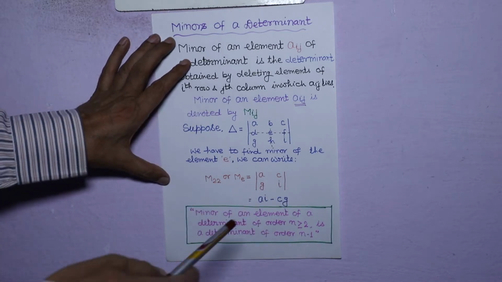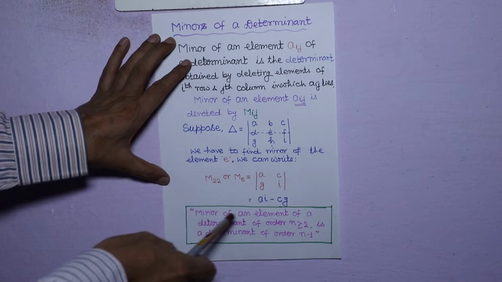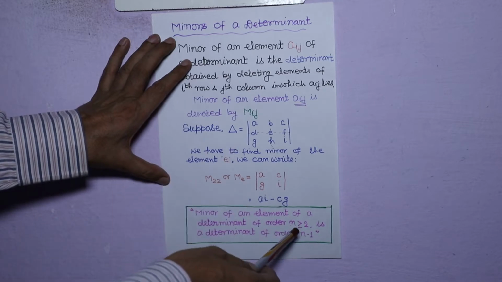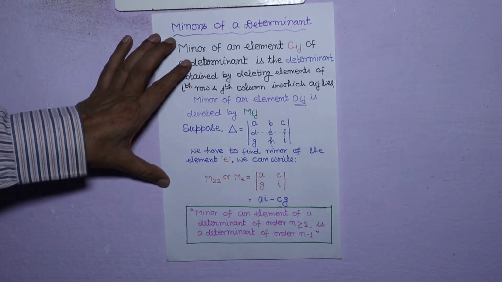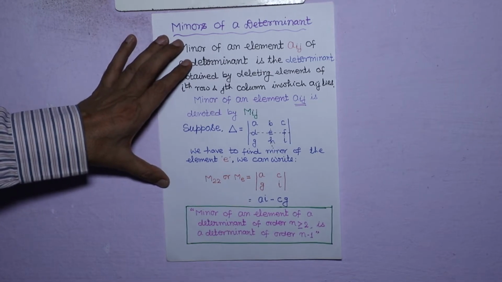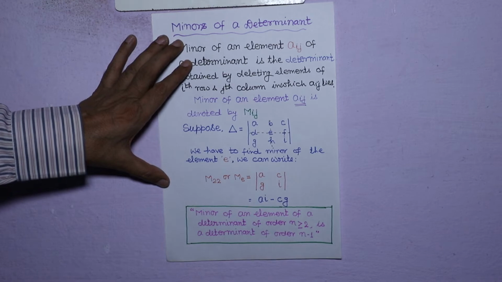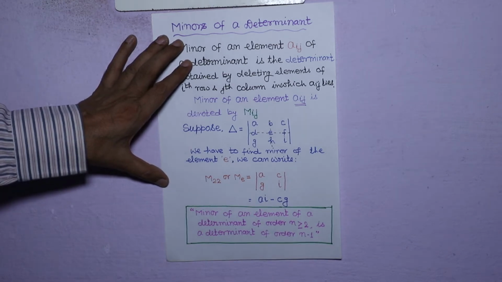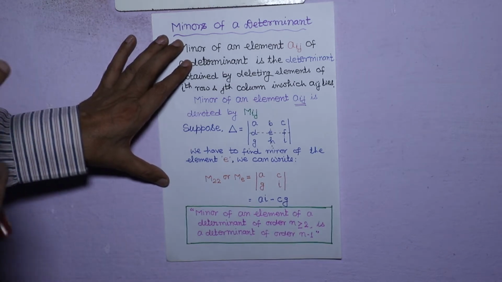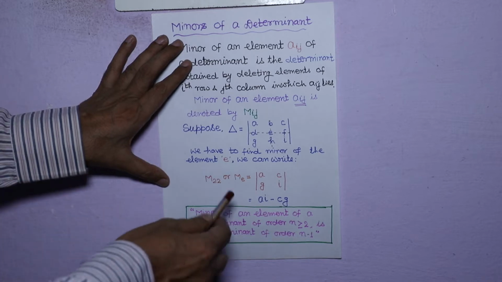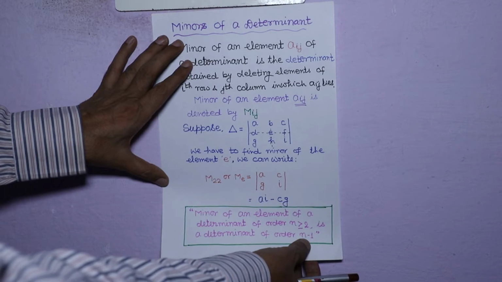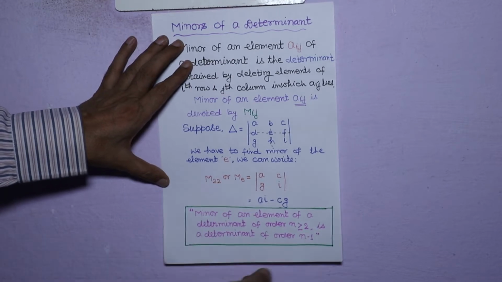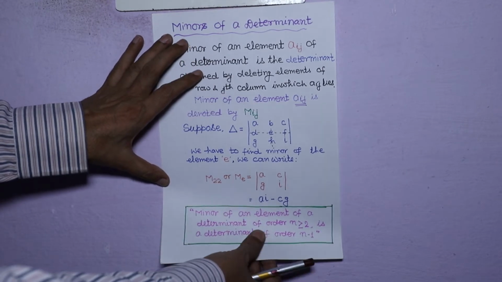So minor of any element of a determinant of order n greater than or equal to 2 is a determinant of order n minus 1. Means if a question is asked what is the order of the minor, that will be n minus 1. If order of determinant is n, which is 2 or more than 2, this formula is not applicable for the determinant of order 1.